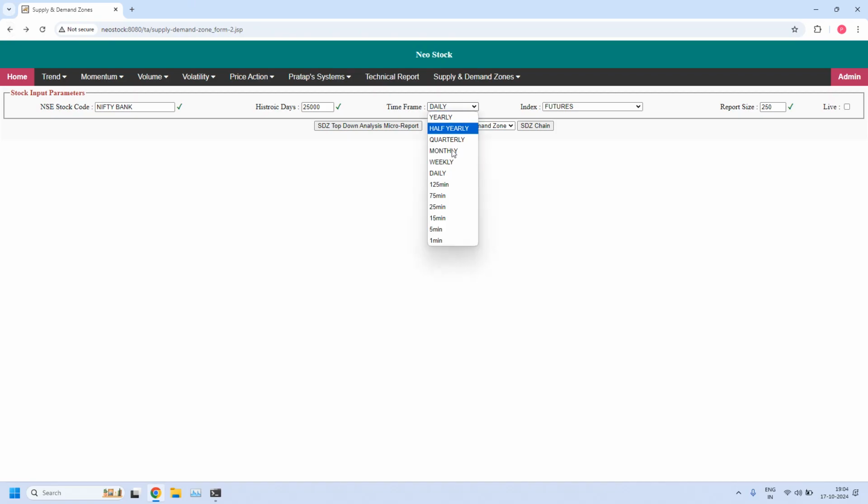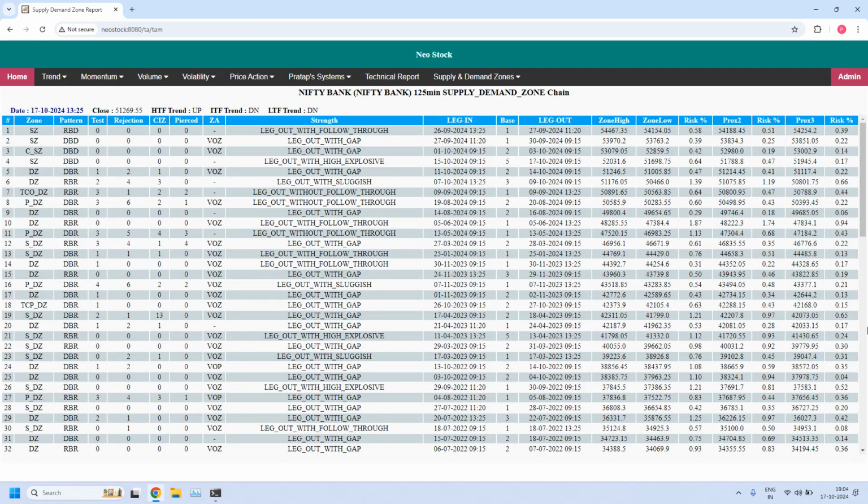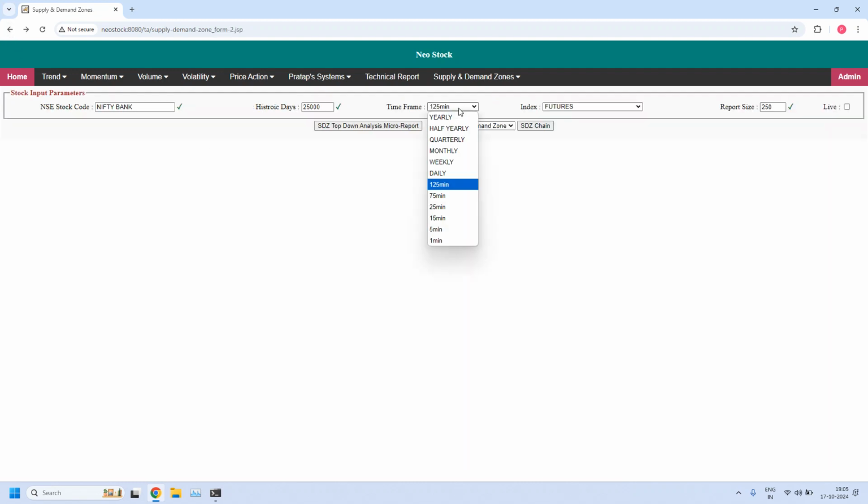Next time frame is 125 minutes, generating 125 minutes supply demand zone chain for Bank Nifty. The next time frame is 75 minutes, generating 75 minutes supply demand zone chain for Bank Nifty.